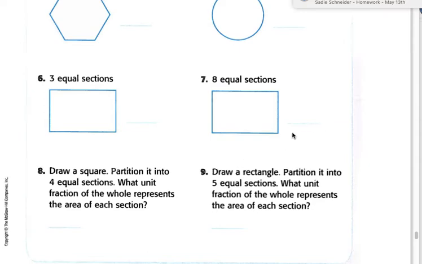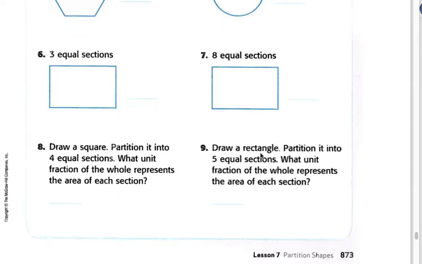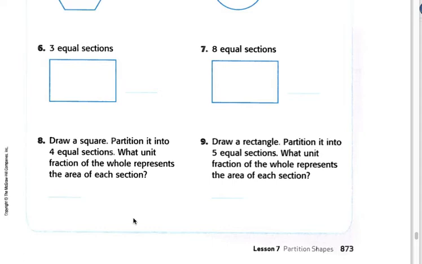What fraction represents 8 equal sections? We know it always starts with 1 at the top and the number of sections the figure is divided into for the denominator. Our answer here is 1/8. Very good. Okay, now here it says draw a square, partition it into 4 equal sections.